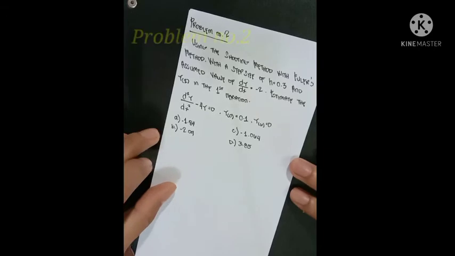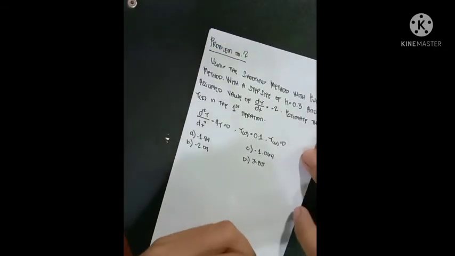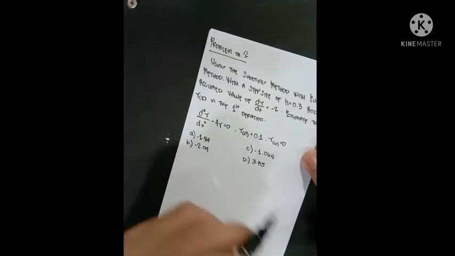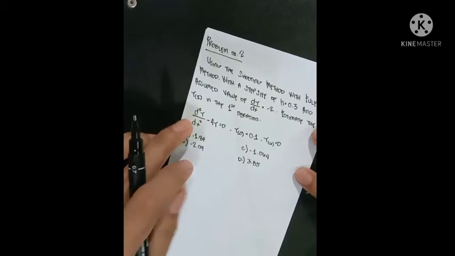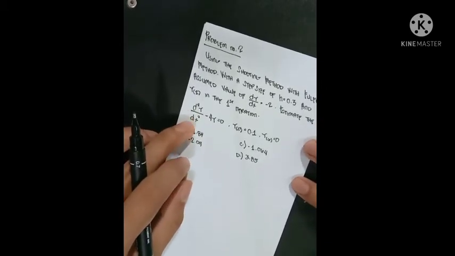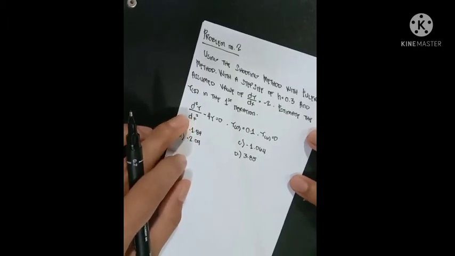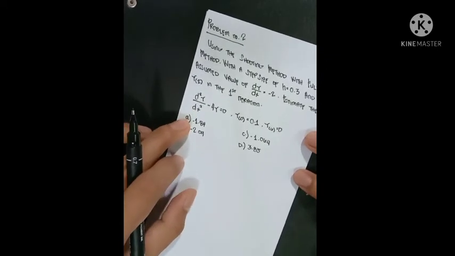Next is problem number 2 in shooting method for ODE. Using the shooting method with Euler's method with a step size of h equal to 0.3, and assume the value of dy over dx is equal to negative 2, estimate the y sub 2 in the first iteration.